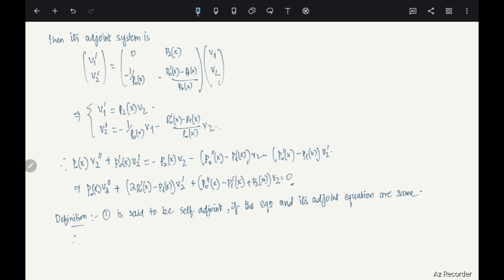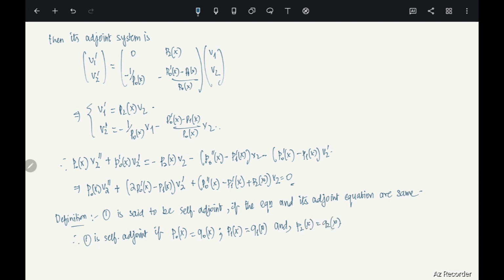What is the relation? Therefore, 1 is self-adjoint if P naught of x equals Q naught of x, the other expressions P1 of x equals Q1 of x, and P2 of x equals Q2 of x.